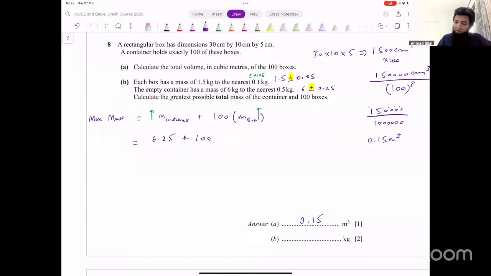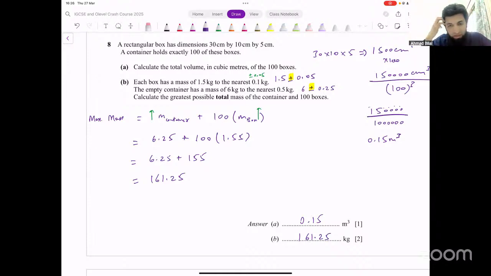Greatest possible value of the mass of a box, 1.5 plus 0.05. What does that give us? 1.55. And that is going to give us the result that becomes 6.25 plus 155. 155 plus 6, that's 161.25. And the maximum possible value of mass turns out to be 161.25.